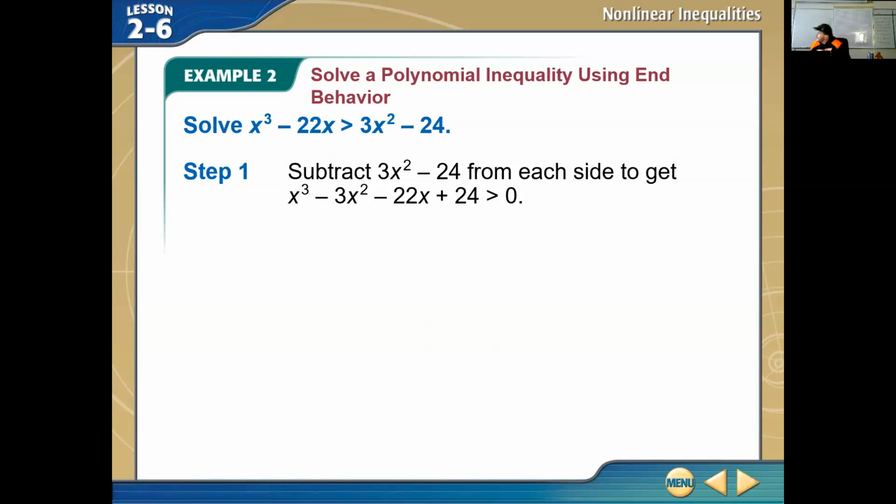So you can see once I've done that, I'm going to end up with x cubed minus 3x squared minus 22x plus 24. And where is that greater than the x-axis?